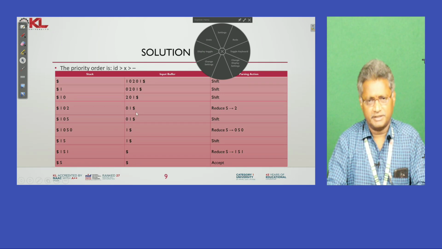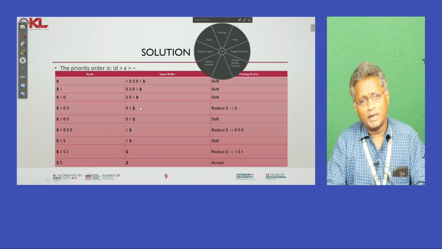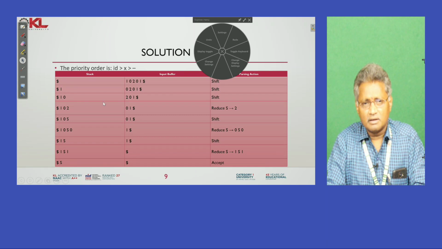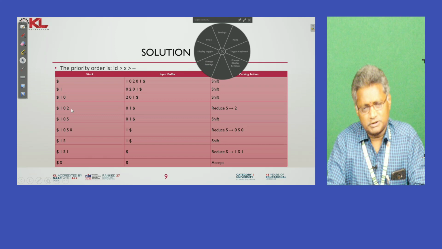Now for this 2, the handle is replaced by the left hand side non-terminal.